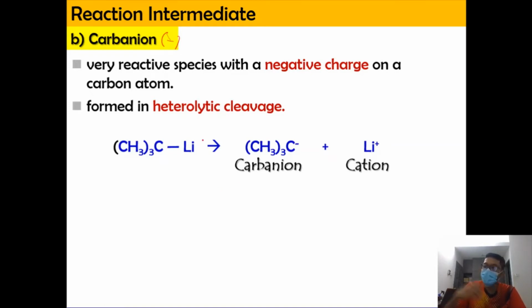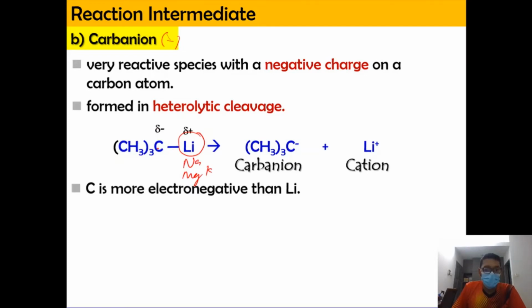Just now it was chlorine, but for carbanion, it is connected with a metal. It can be sodium, magnesium, or potassium. You know that the metal is usually an electropositive atom, so the carbon here is going to carry a partially negative charge. So the electron density is going to be pulled toward the carbon.